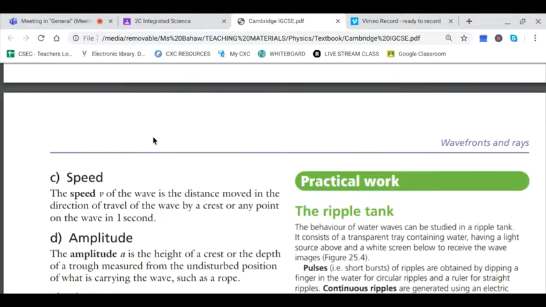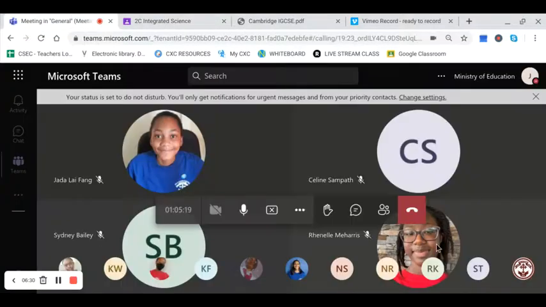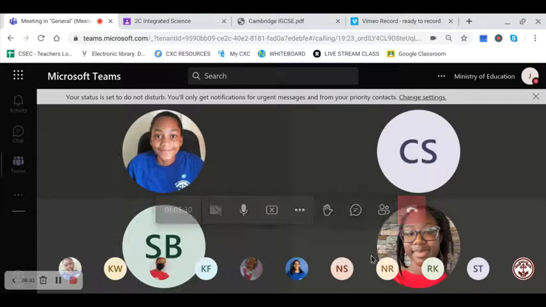Renelle will be in charge of posting shadows from the actual textbook and putting the page number, because I know some of you may have the book. The people who don't have the book, I would like you to indicate your name in the chat.